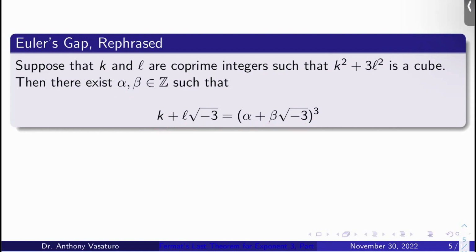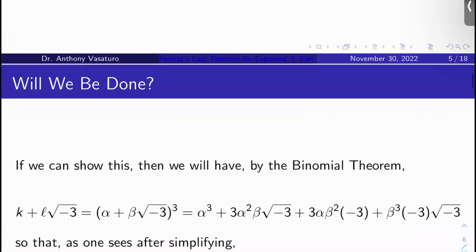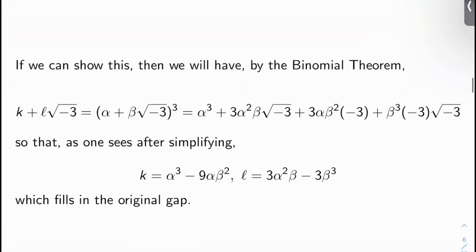Again, if I can prove this, I claim that Euler's Gap, as originally stated on the second slide, is also proven. So why is that? So why will we be done if we can prove this rephrased version of the gap? Well, by the binomial theorem, or just by direct calculation, if you can solve this equation, so if you can solve k plus l root negative 3 equals alpha plus beta root negative 3 cubed, well, what is alpha plus beta root negative 3 cubed?